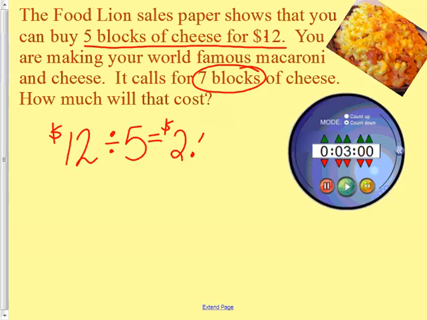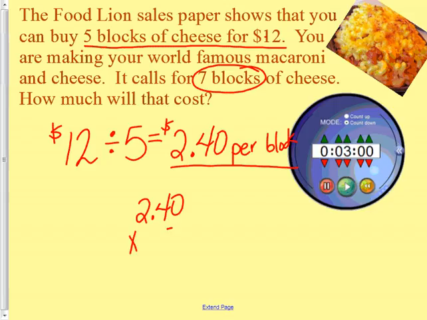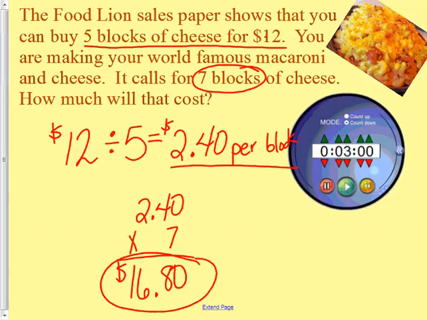So $2.40 per block. Well, if it's $2.40 per block and I need 7 blocks, then $2.40 times 7 is going to be how much it's going to cost me to buy my 7 blocks of cheese. And that's going to be $16.80.